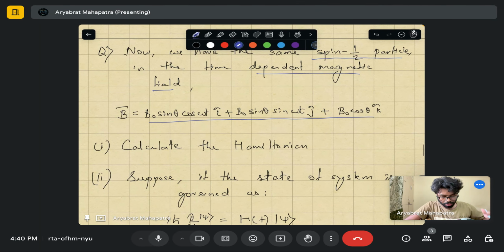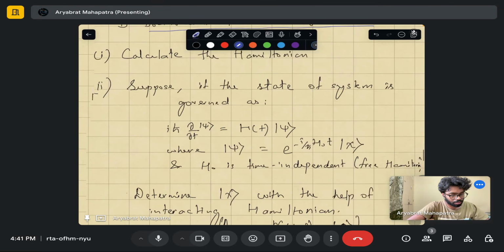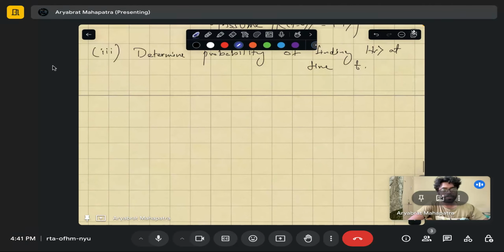We'll start by looking into its Hamiltonian, and then we'll look into the other things. First we have to calculate the Hamiltonian as we did before.